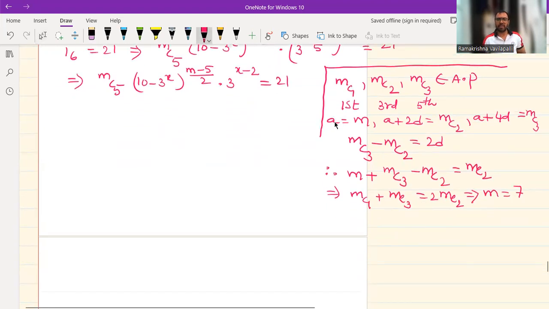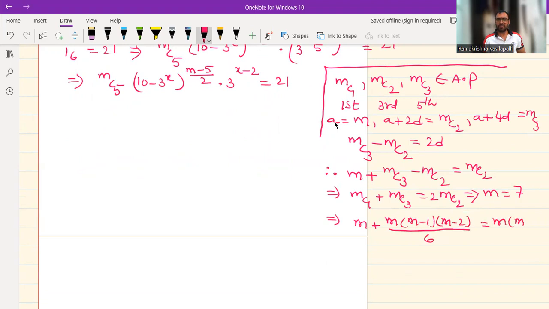If you want, I will solve this question. m plus m(m minus 1)(m minus 2) by 6 equal to m(m minus 1). So here one m will be cancelled. So this implies 6 plus m square minus 3m plus 2 equal to 6m minus 6.